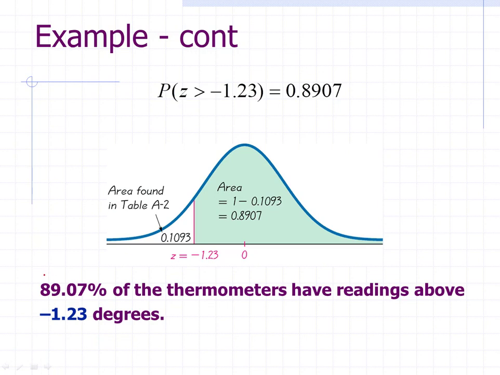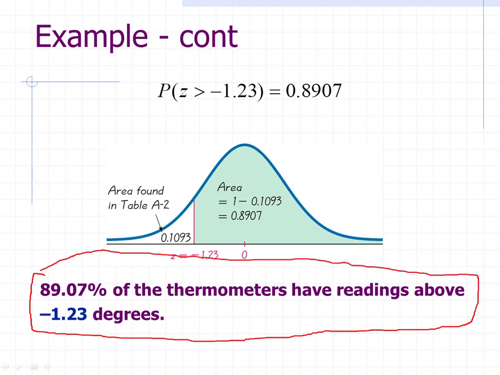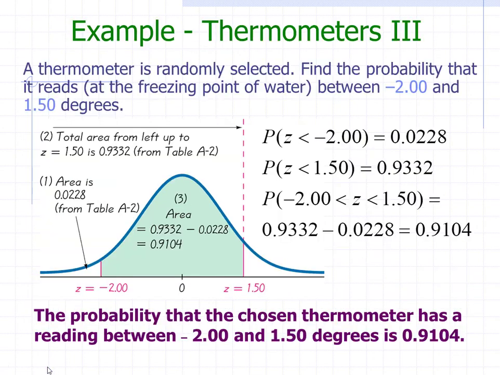I also find it nice to put things in sentences because then it helps those numbers have meaning in my head. Now sometimes we want to do in-betweens. So we want to find the probability that the thermometer reads between a negative 2 and a positive 1.5 degrees when it is at the freezing point of water.